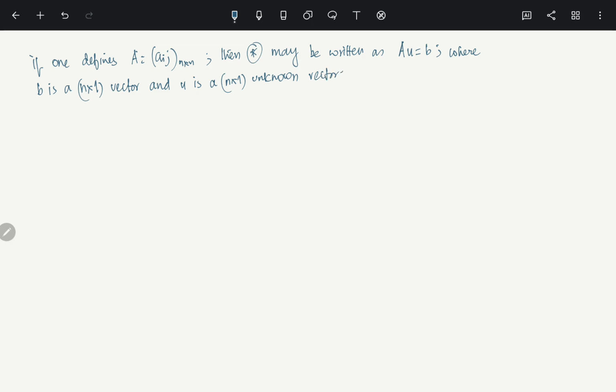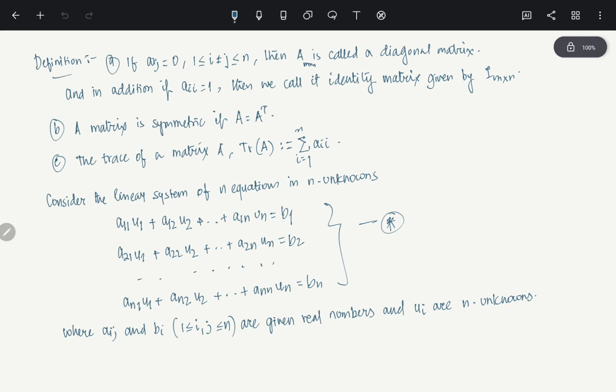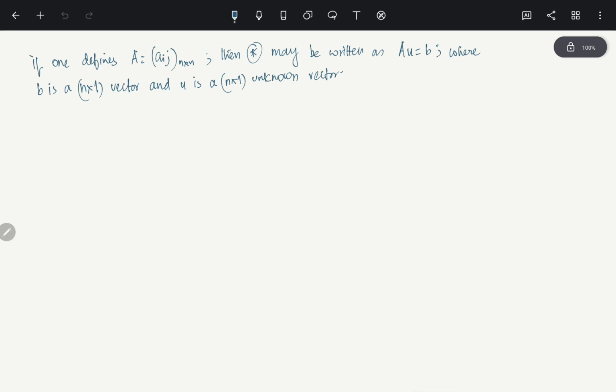Clear? So this can be written in short form like this. This we already know. And if B equals 0, we call the system a homogeneous system of equations.